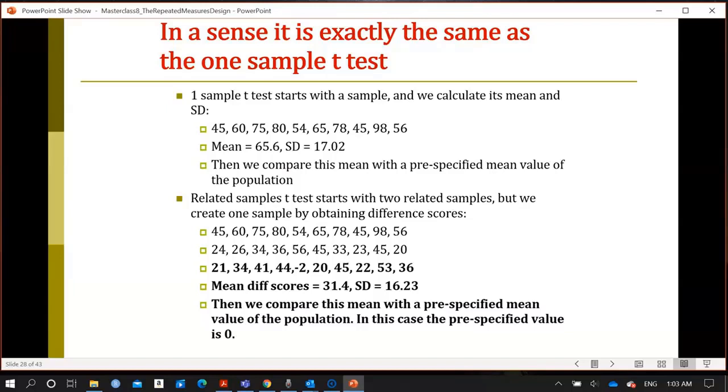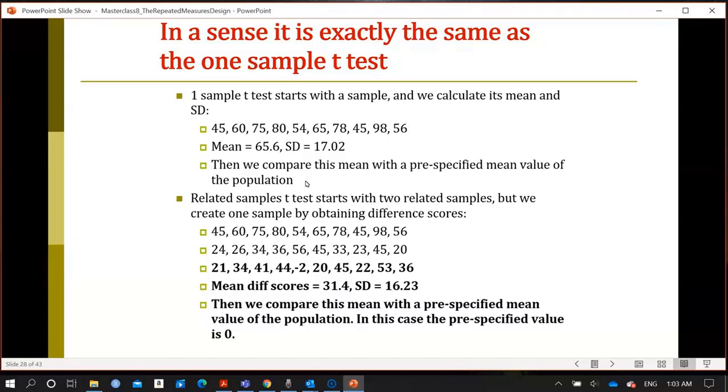And basically what we have to do is calculate the t-score. What's the t-score? We do 65.6 minus that specified value and divide it by the standard deviation, divided by the square root of n. And the square root of n here is 1, 2, 3, 4, 5, 6, 7, 8, 9, 10. So the square root of 10.